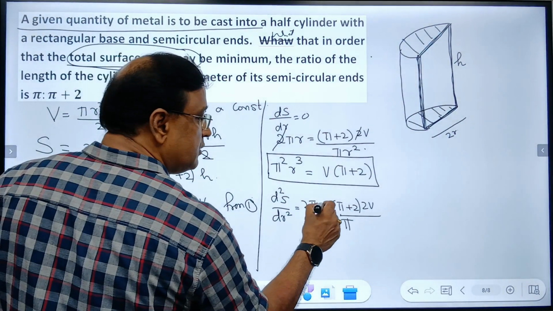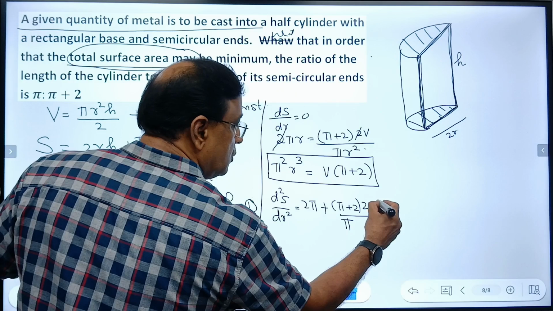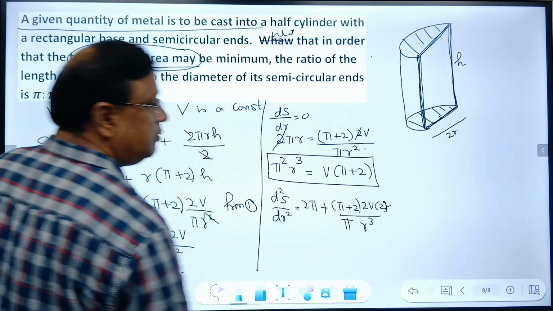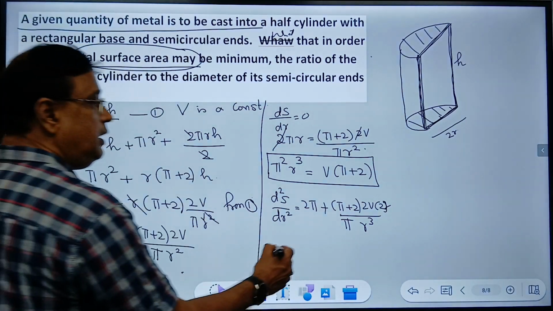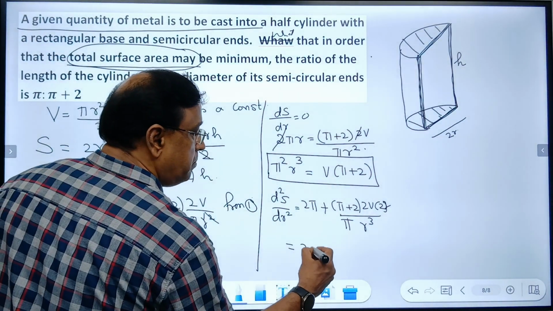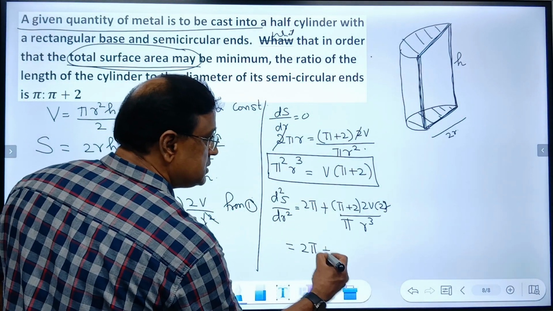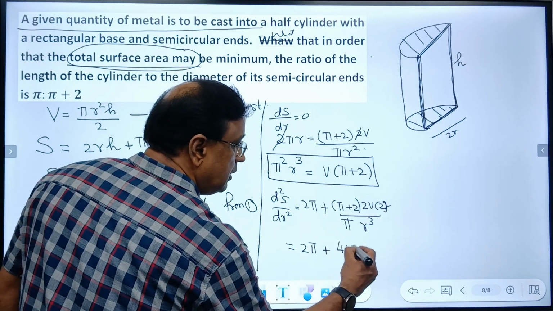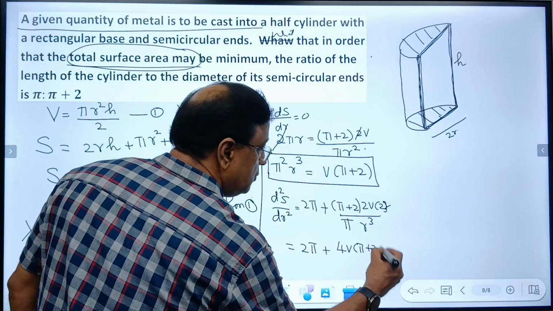So minus of minus becomes plus. So it will be 2 pi plus 4v into pi plus 2 by pi r cube.